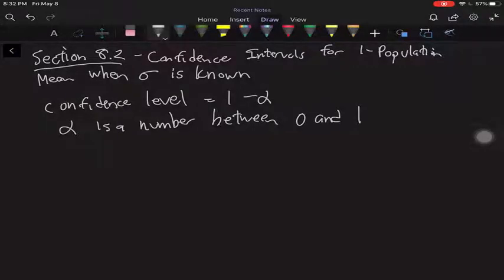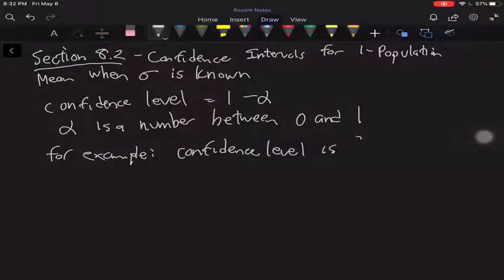So if the confidence level is expressed as a decimal, alpha is a number that must be subtracted to get the confidence level. So for example, if the confidence level is equal to 95%, then alpha is equal to 1 minus 0.95, and you get 0.05.